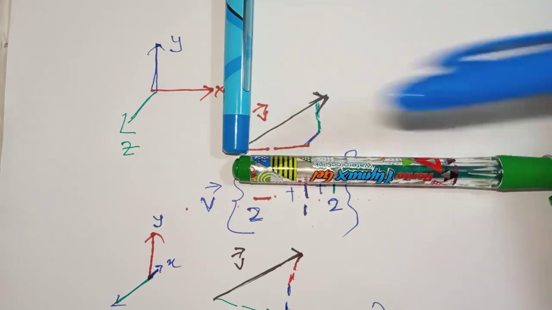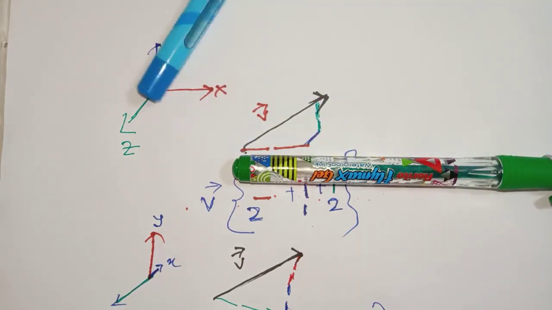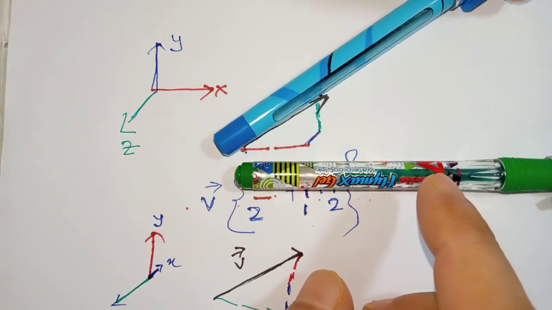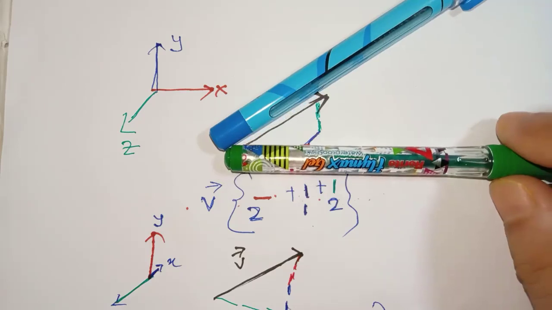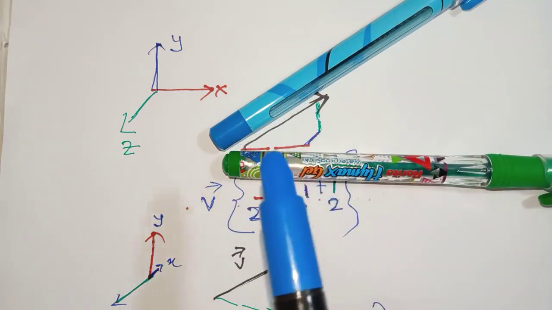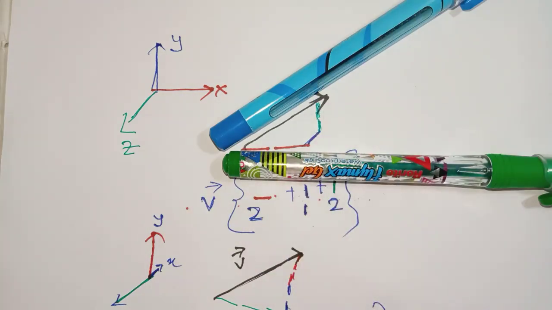So that actually makes up the vector. If this vector is inclined towards this way, say for example if I put it in this way, that actually creates the components. This way, two steps, one step and two steps forward.